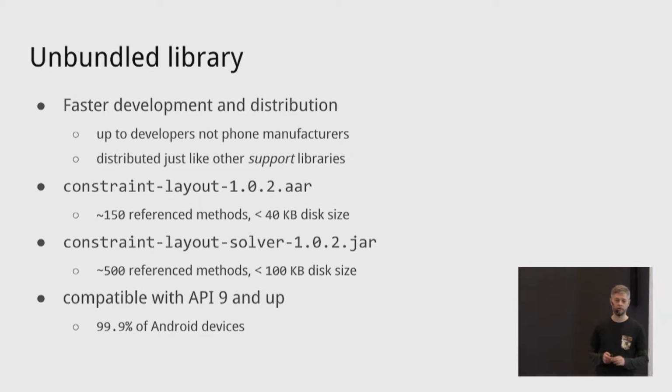One is an Android Archive, so there are some assets there, and one is simply a Jar library. There are like 700 methods in both of them, so it's a small library, so it makes sense to make it a separate unbundled library, so to speak. A funny fact is that it's supporting Android API 9 and up, so most probably we don't care about that because nobody's using old Android devices, but anyways, it's backward compatible up to API 9.